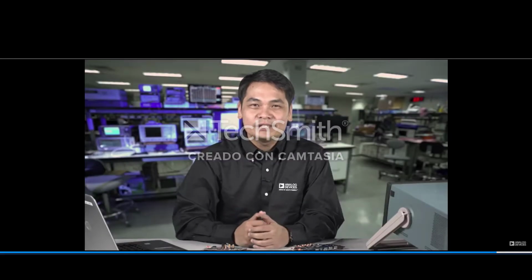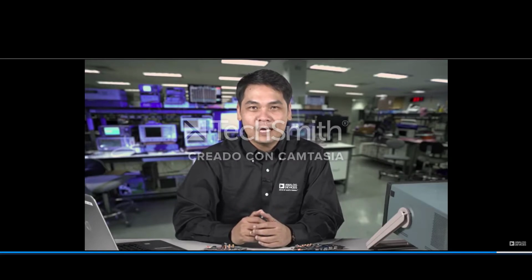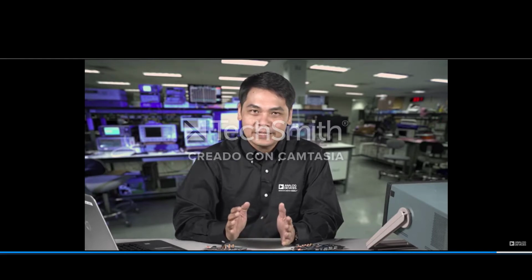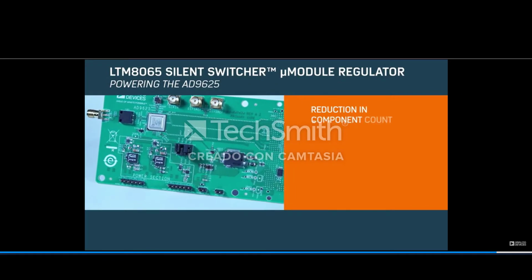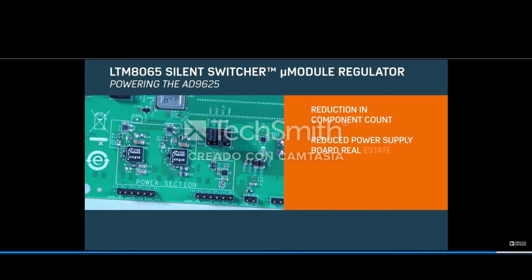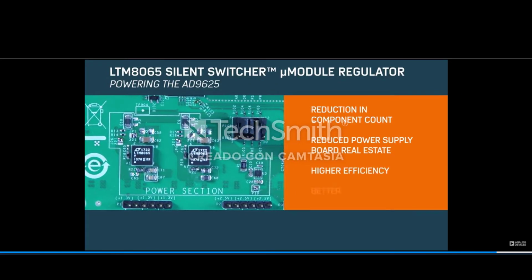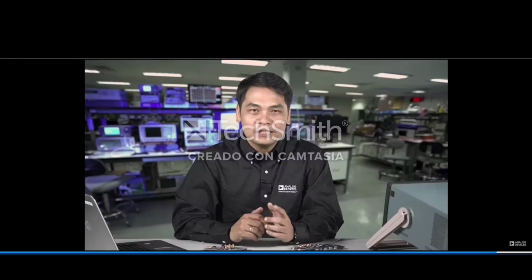The LTM8065 Silent Switcher module regulator can power the AD9625 without the use of additional LDOs, greatly simplifying the overall solution. It also offers significant improvements over traditional discrete solutions, such as reduction in component count and power supply board real estate, much higher efficiency and better thermals without compromising the dynamic performance of the ADC.